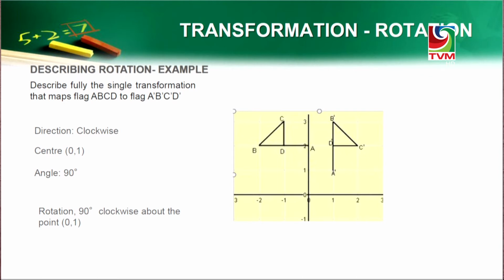So in translation, the orientation of the shape doesn't change, but here the orientation of the image has changed. And let's see whether it is reflection or not. The object and image don't look like they are flipped, so it is not a reflection either. Therefore it must be a rotation.